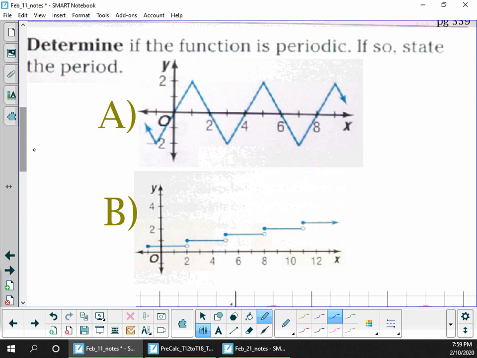So when we're looking at A here, notice this y value is the same as that y value is the same as that y value. This y value is the same as that y value is the same as that y value. Now, I picked those, for instance, because they're not repeating on an up and a down cycle.